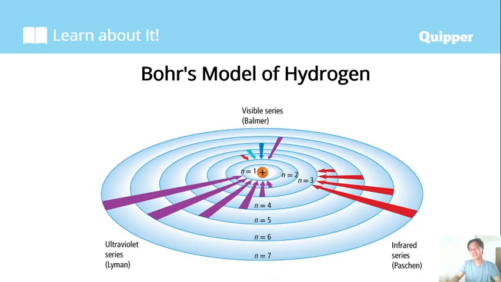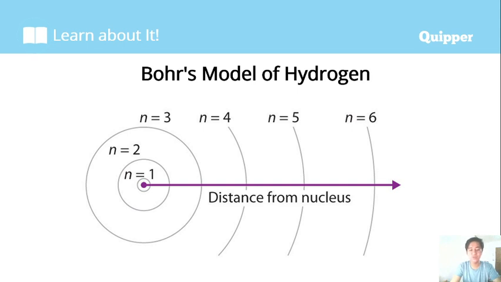So this is now the model of Niels Bohr. You will observe that he actually defined the location of the electrons. He accepted the idea that the nucleus is found at the center, but this time electrons are found in circular orbits, which he called energy levels. These orbits can be represented by a number.